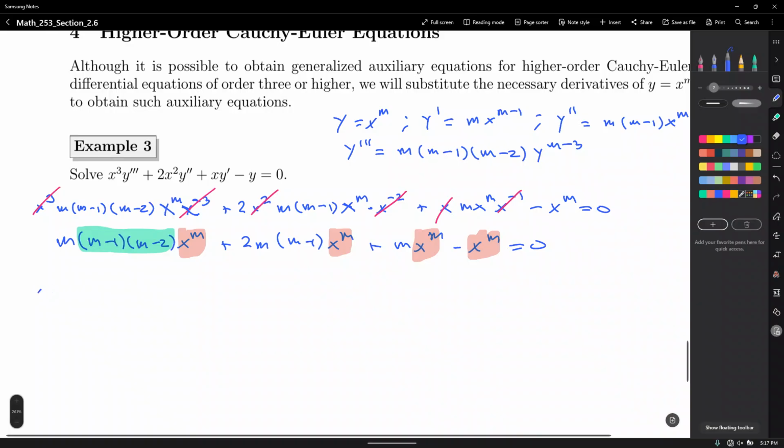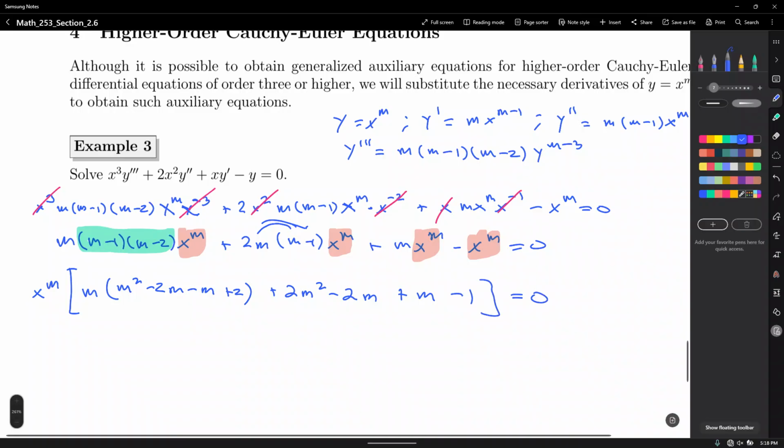Factor out x to the m, and then this will be m times whatever we get from foiling this, which is m squared minus 2m minus m plus 2. And then I will also distribute the m to the m minus 1. That'll be plus 2m squared minus 2m plus m minus 1. Let that be equal to 0.